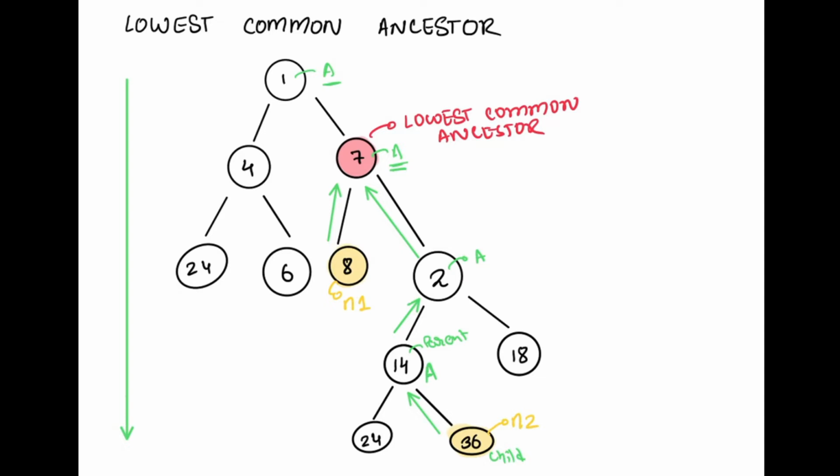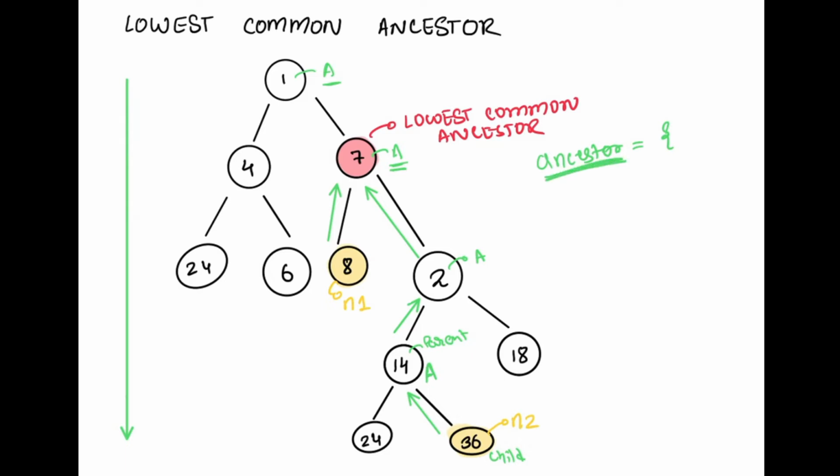So yes, let's program in such a way that traversing upwards is very much possible. And we can do that using a map. I'll call that map ancestor.